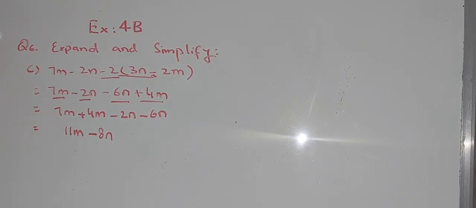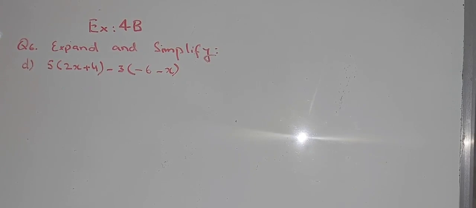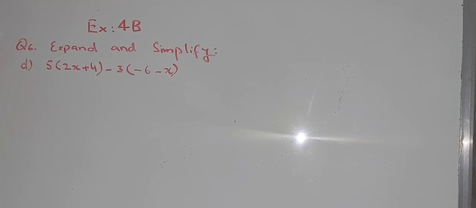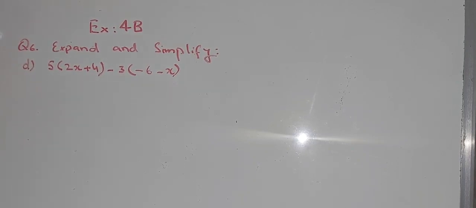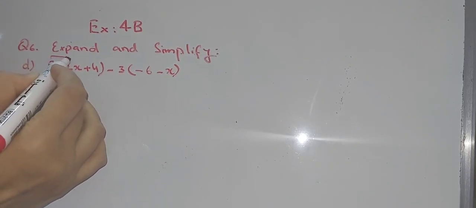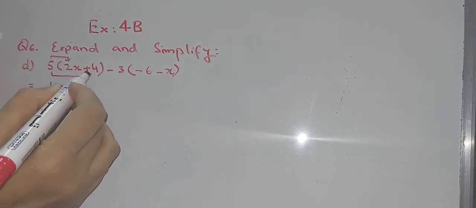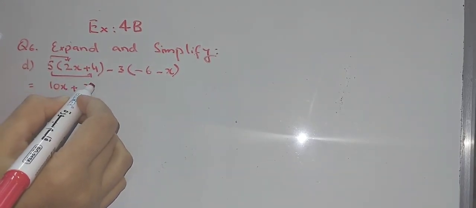Now move on to part D. Part D is 5 bracket 2x plus 4 bracket close minus 3 bracket minus 6 minus x bracket close. First of all, we have to open the brackets. We will multiply 5 with 2x, it will become 10x, and then 5 with 4, it will become plus 20.